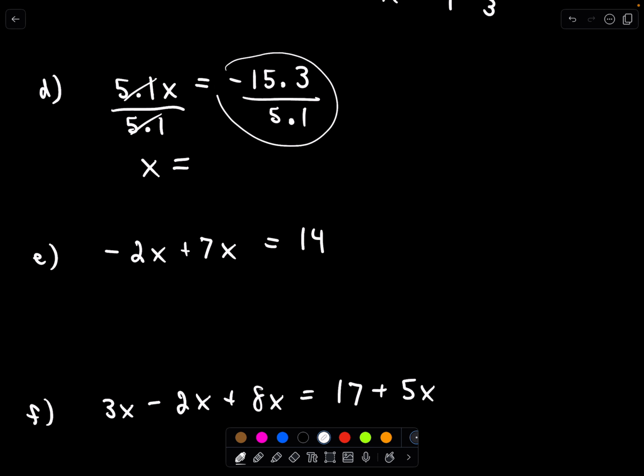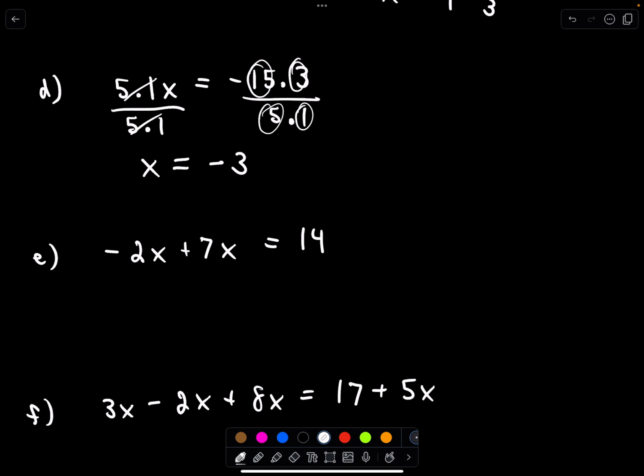And you could put this into a calculator or do long division. We've got a negative over a positive, that's a negative. And it looks like just negative 3, because 3 times 5 would give me the 15, and 3 times 1 would give me the 3. So negative 15.3 divided by 5.1 leaves us with a solution of x equals negative 3.